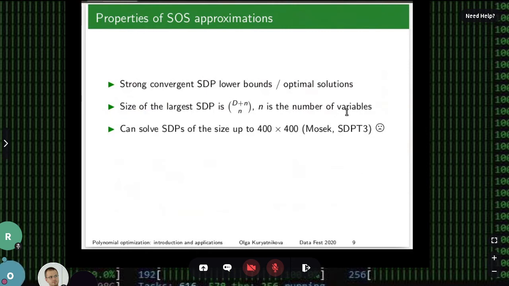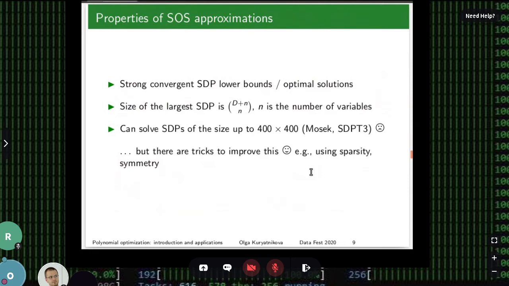This condition provides us with good bounds, and these bounds in general converge to the optimal value of our problem. Moreover, there exist ways to extract solutions. So we not only obtain a bound, but in many cases we can extract either an optimal solution or a close to optimal solution.